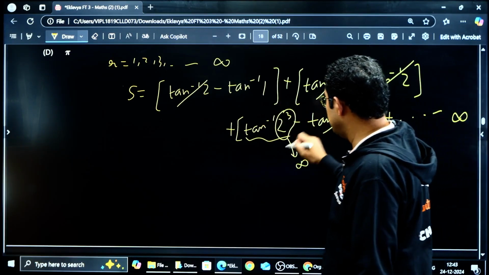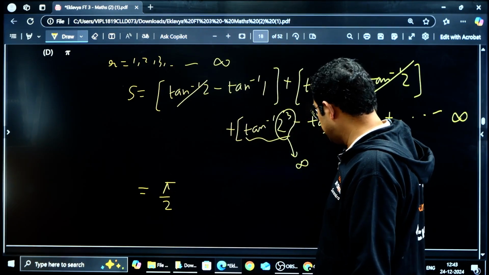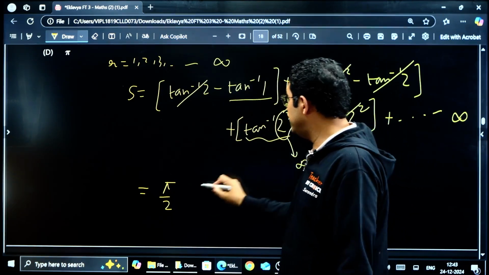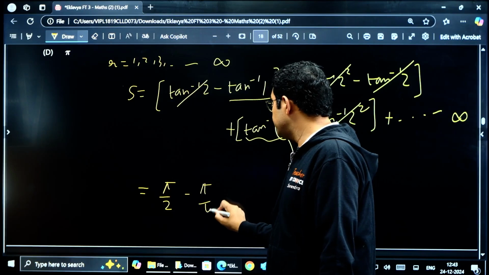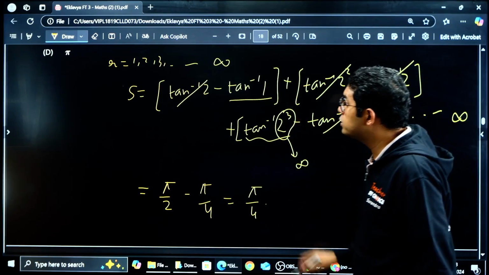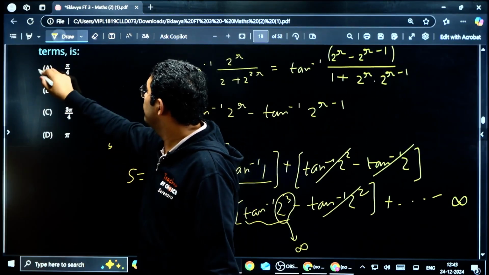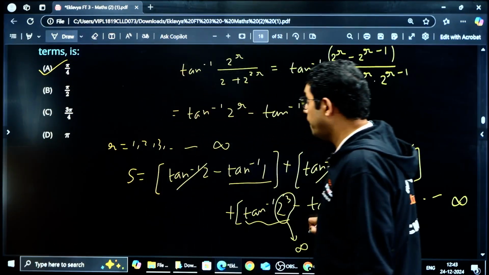So tan inverse of this thing will become pi by 2, and the first term here is tan inverse 1, that is pi by 4. So the difference here is pi by 4. So the answer for this question should be pi by 4, and it is given in option A. Answer is A for this question.